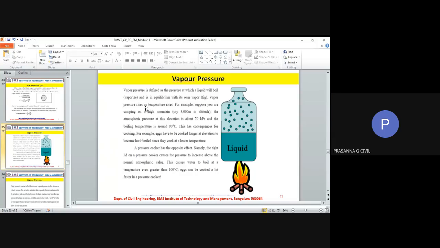a problem called cavitation, which is when these vapor bubbles escape, they suddenly collapse, and this causes a high pressure to be exerted on the pipe material in which the liquid is flowing.